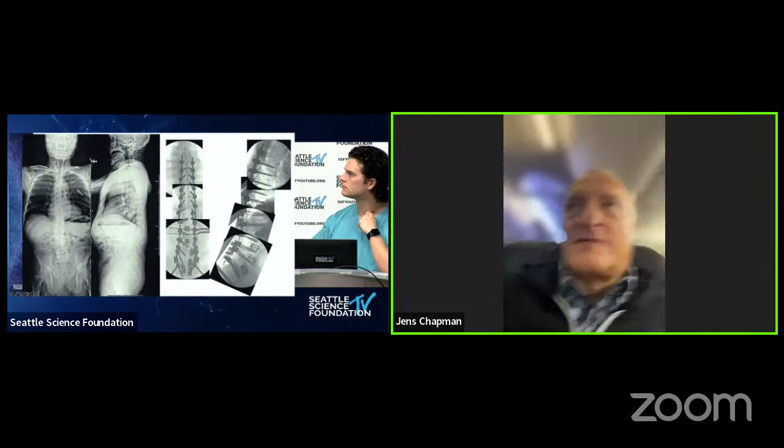So that was our intraoperative strategy. But we felt we could get enough fixation rostrally to the junctional kyphosis to not let it fall apart.